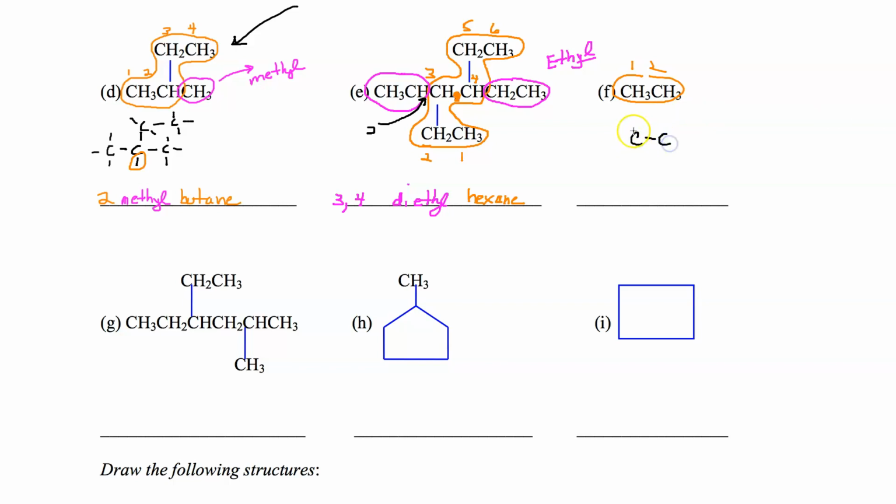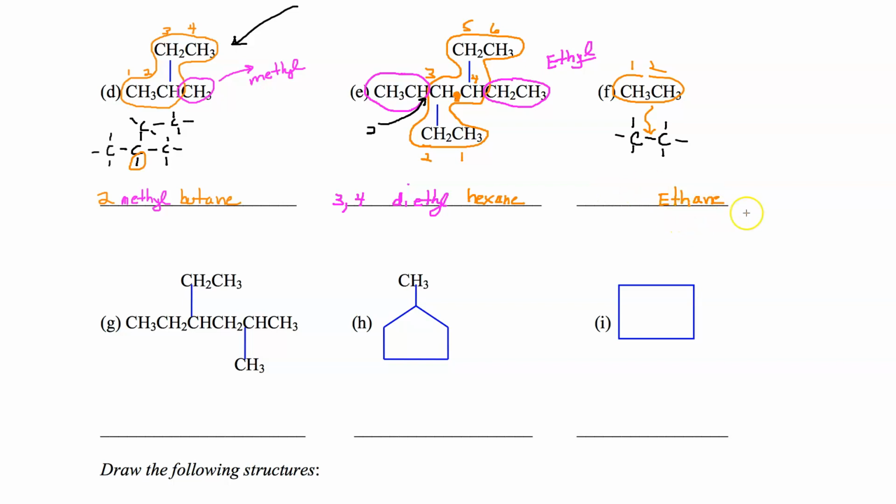Draw it out if you don't see it. 1, 2, 3, 1, 2, 3. If this is a single bond, because there are 2 carbons, we do eth. Now it's not an ethyl because they're not attaching. That's part of the chain, and we have determined by the hints of the hydrogens in the structure, CH3, CH3, that this must be an ethane. And there's nothing attaching, so that's just ethane.